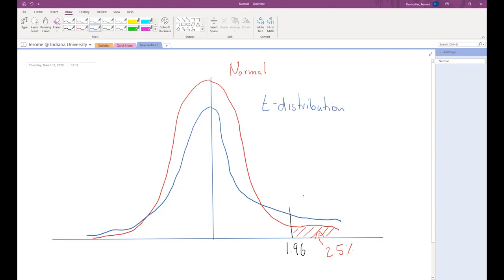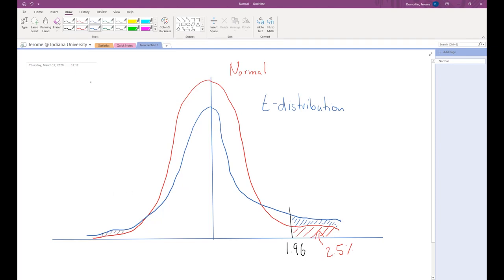Okay. So you can see now that for this exact same value of 1.96, we have additional area here. Note that the same is true on the right hand side, we also have the same being true on the left hand side.